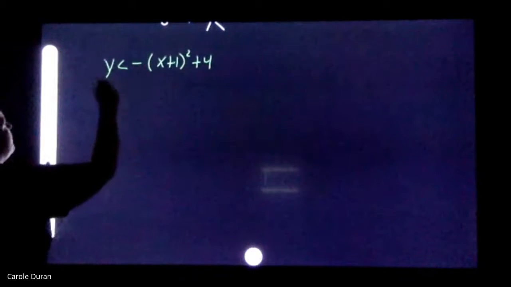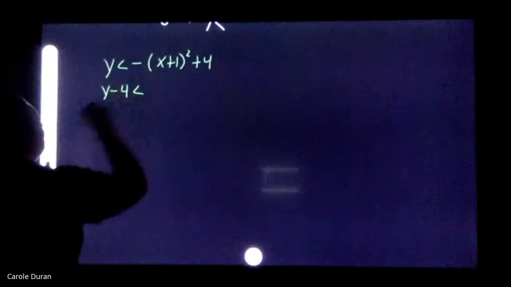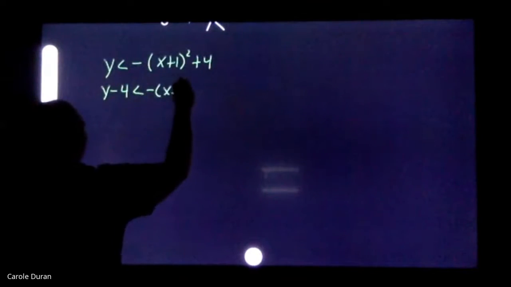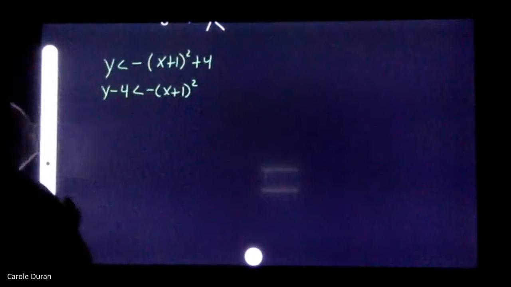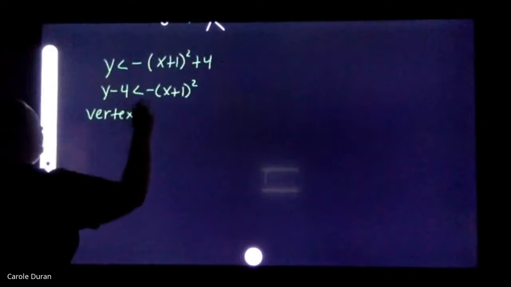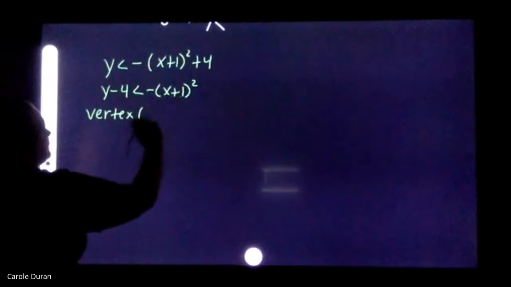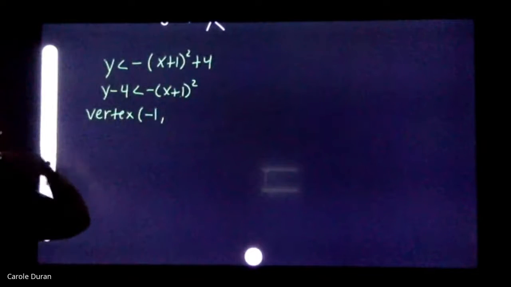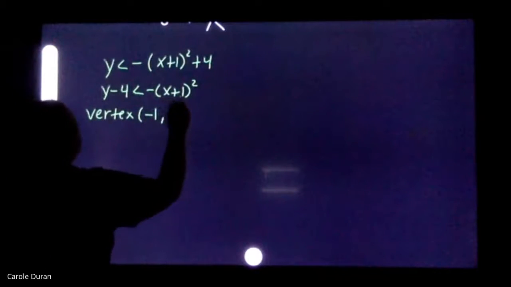So I'm going to finish it out. I'm going to subtract the 4 over, which gives me y minus 4 is less than the quantity negative of the quantity x plus 1 squared. From here, I can easily pick out that my vertex is the same number with the opposite sign attached to the x, so negative 1, and the same number with the opposite sign attached to the y, so positive 4.